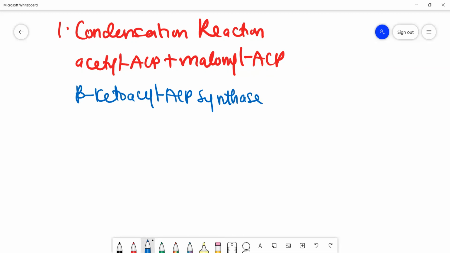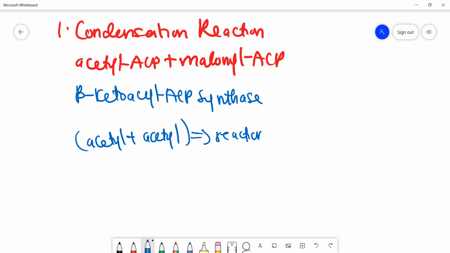This is where the synthesis is going to occur. Now, for the reaction, essentially it is two acetyl units, acetyl plus acetyl, that will be condensed. But this reaction is unfavorable thermodynamically. It requires a lot of energy input.